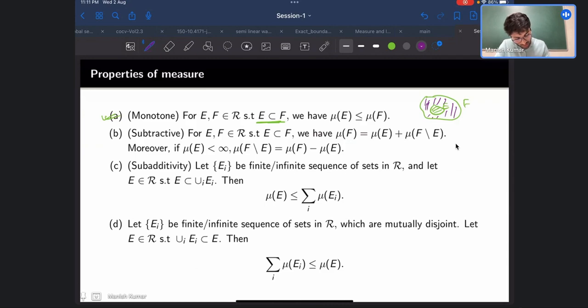But the point is, subtractive means basically that suppose mu of E is finite, it is not infinite.